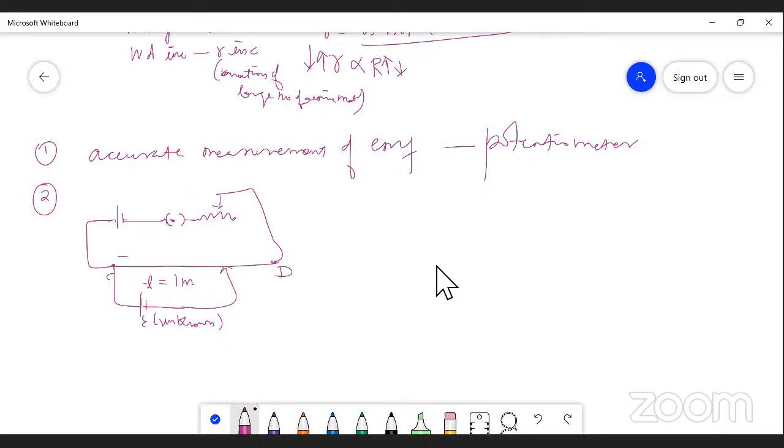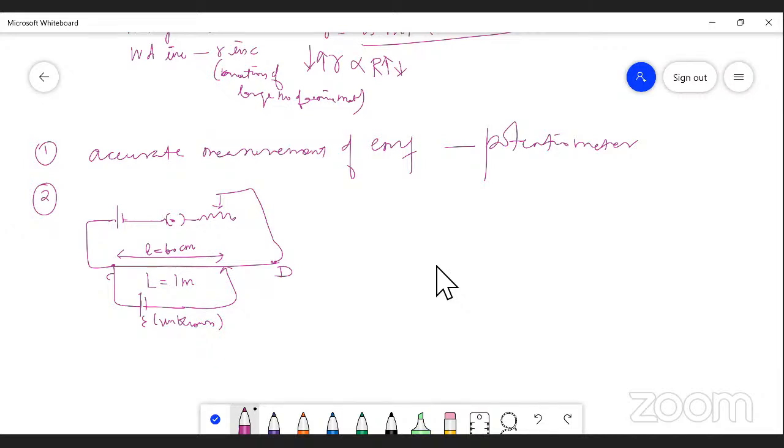Let me mark this, for our understanding, as capital L, so you'll understand the difference between the two. Small l is the balancing length. l equals 60 centimeter.